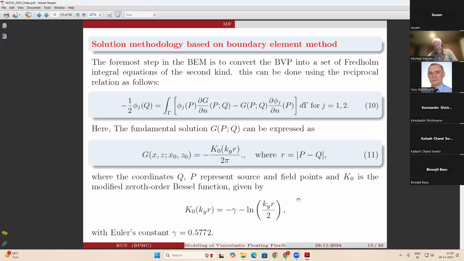Did you understand that question? No, sir, please can you repeat it? You've written there that Bessel K naught of KyR is equal to minus gamma minus log of KyR over 2. But that's only true if KyR is small, correct? Yes, sir. You never say there that KyR is small. Yes, sir.